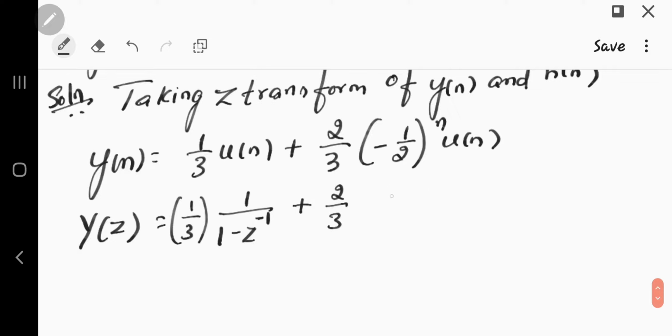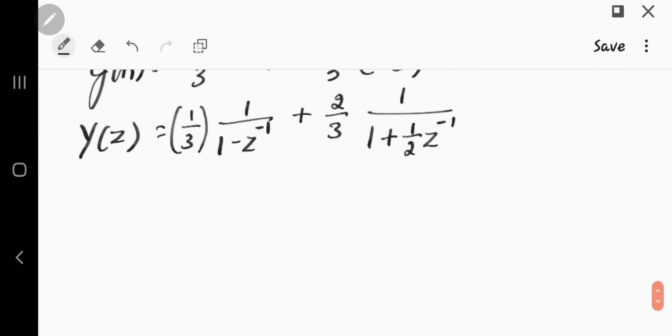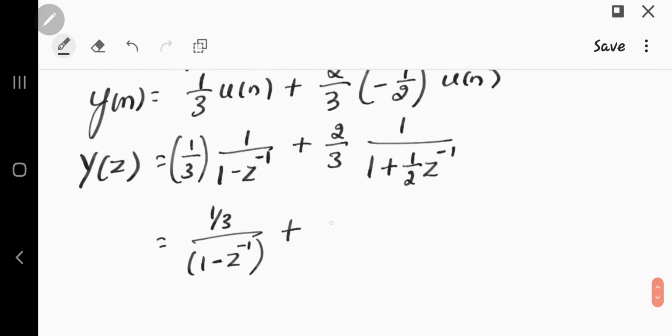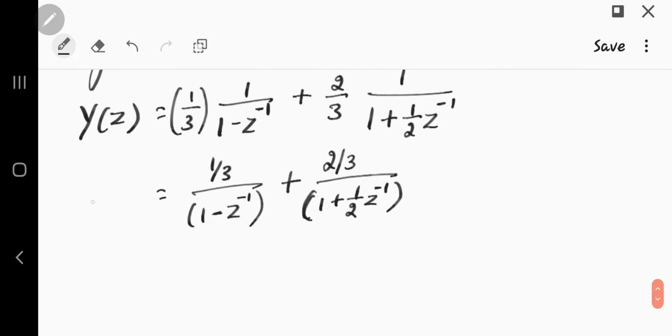Now this is in the form of alpha to the power n into u of n. In place of alpha, we have minus 1 by 2, so that will be 1 divided by 1 plus 1 by 2 z inverse. Combining this, you get 1 by 3 divided by 1 minus z inverse plus 2 by 3 divided by 1 plus 1 by 2 z inverse.